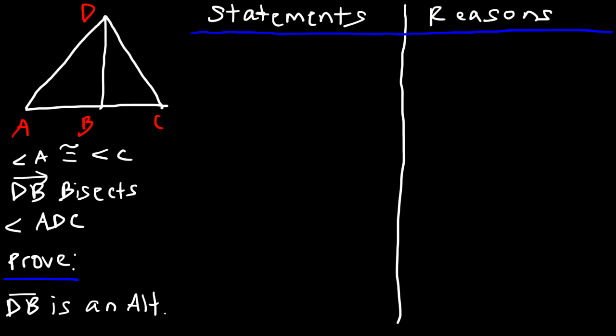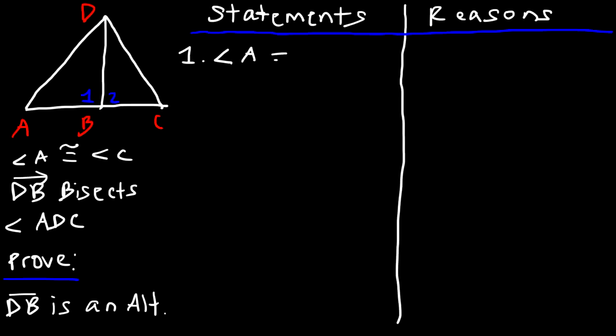In order to prove that DB is an altitude, we need to show that angle 1 and angle 2 are right angles, which means we need to show that they're congruent. And we got to prove that the two triangles, the one on the left and the one on the right, are congruent to each other. So let's start with statement 1.